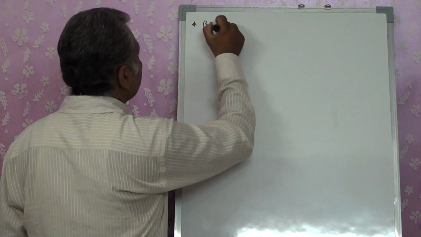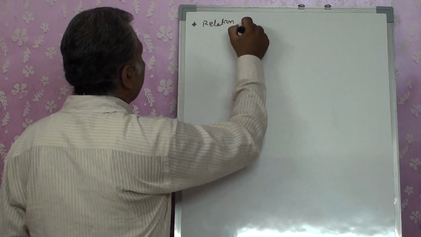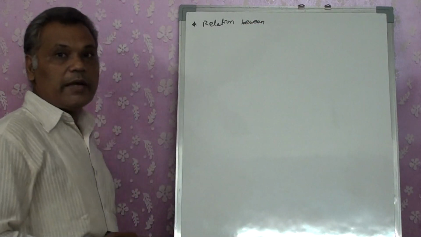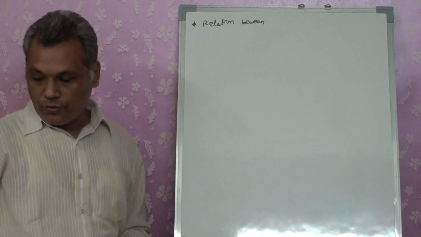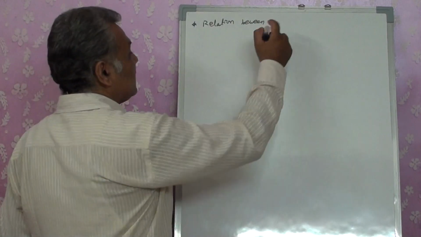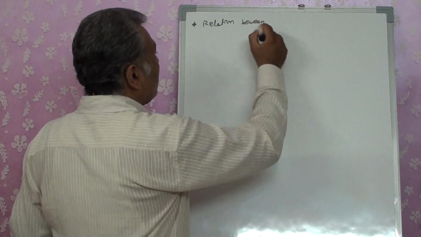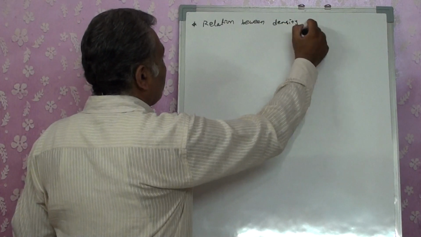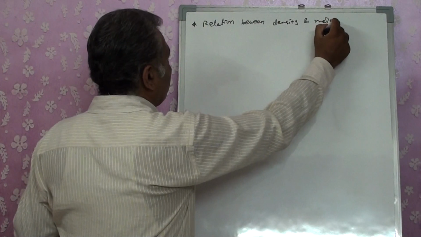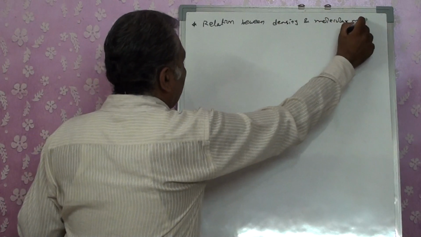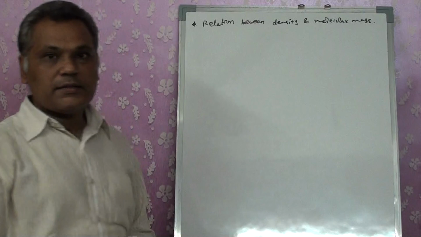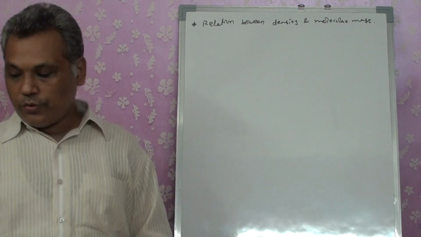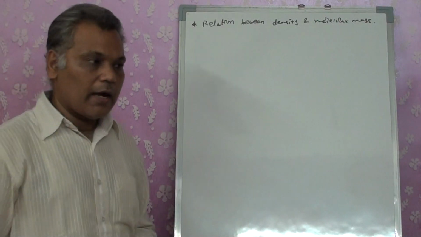Next theory we are having is the relation between pressure and density. We want to go for pressure, density, molecular mass. We already studied density with Avogadro's law, but now we want to study it completely for an ideal gas.